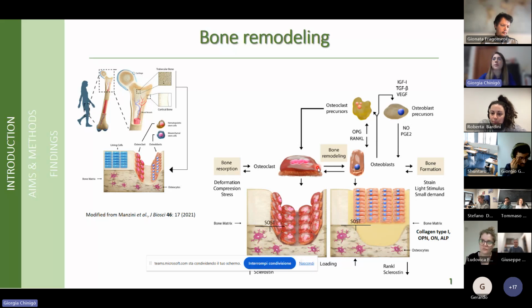And moreover, bone remodeling is fundamental for bone repair within 3 to 6 months more or less when a fracture healing occurs. Indeed, one of the main features of bone is its great self-renewal ability.